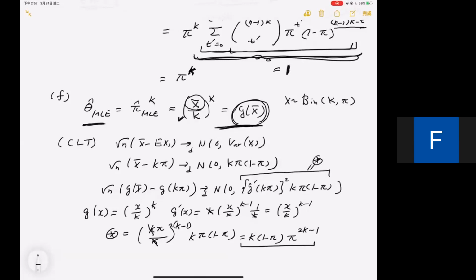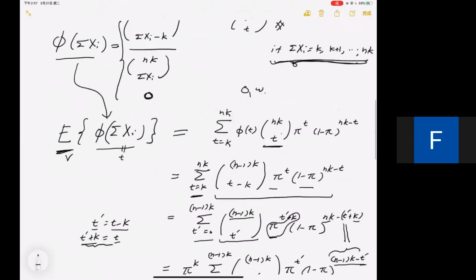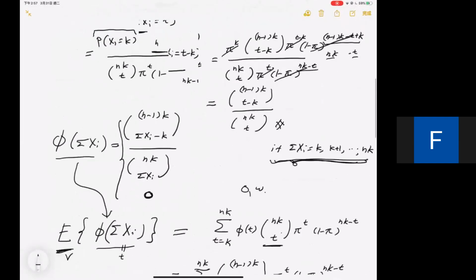So you are able to use large sample theory to derive the variance of your pi k as MLE. And in the meantime, you do have your CRLB. It's not here.